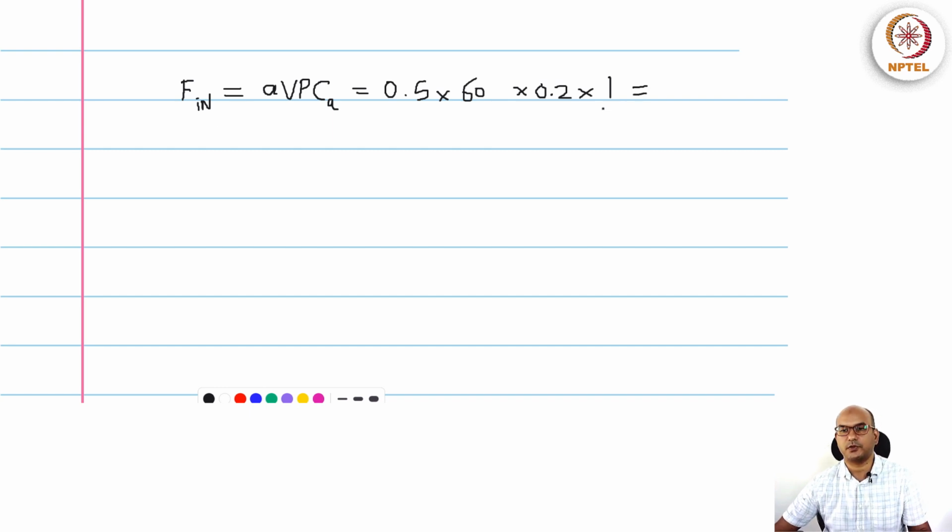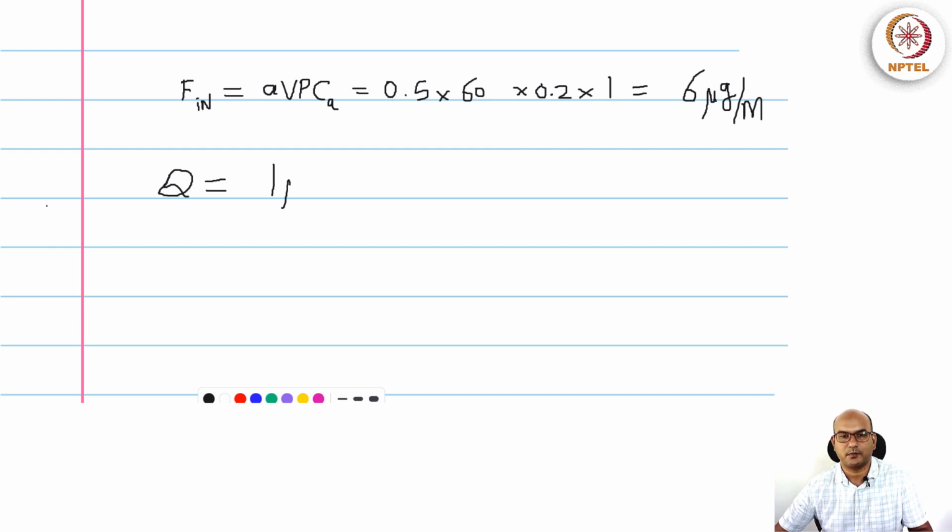So F_inf is equal to 0.5 multiplied by 60 multiplied by 0.2, so 6 microgram per hour. Then we have Q. Q is only equal to 1 microgram per hour.